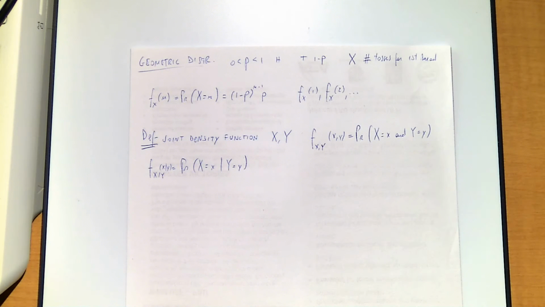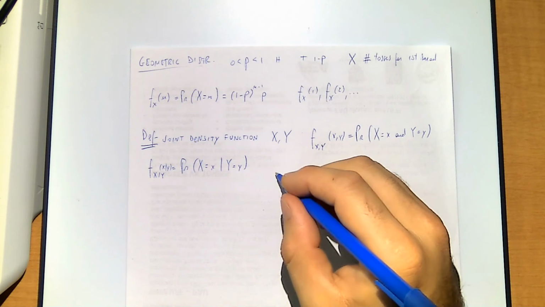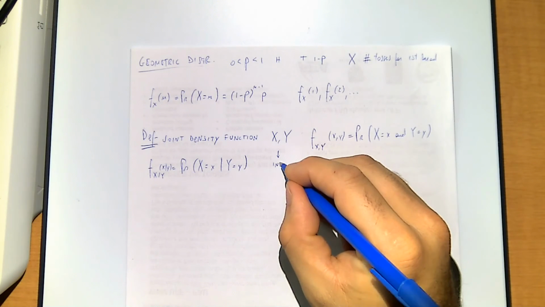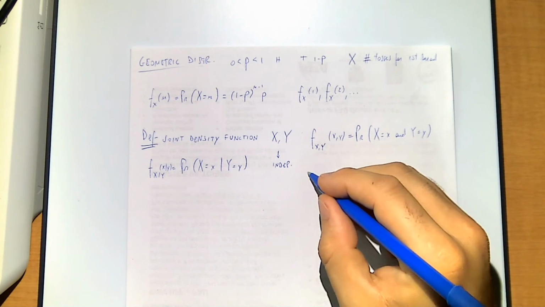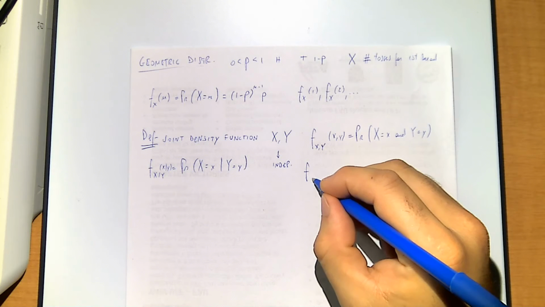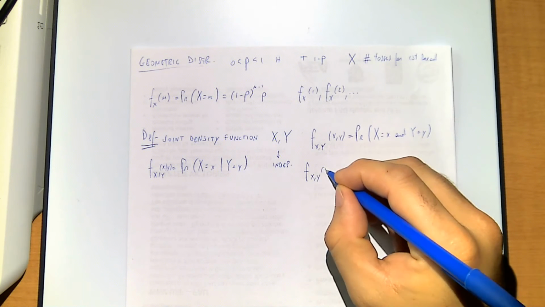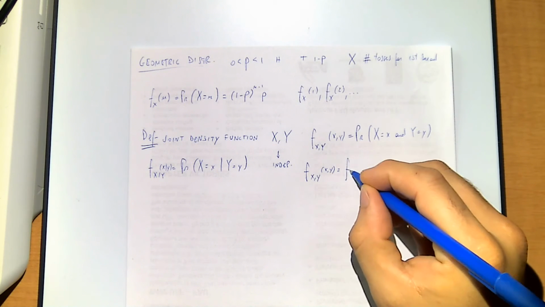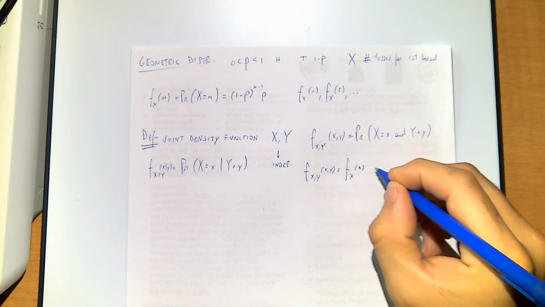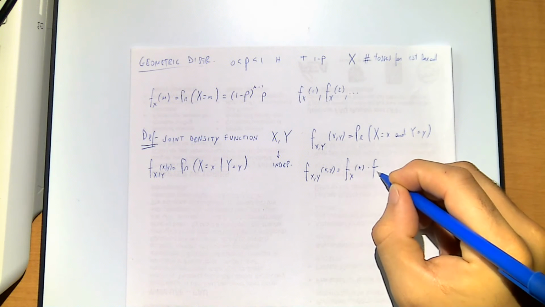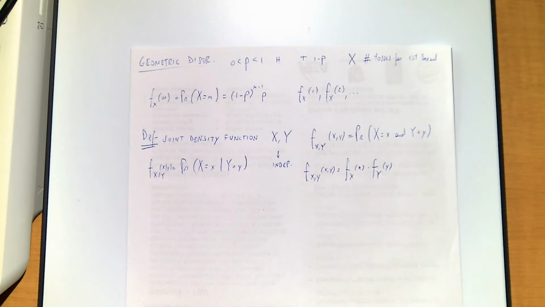Okay, and of course we say that x and y are independent if we have f of xy is equal to fx of little x times fy of little y. Okay? Similar to what we saw for the events.